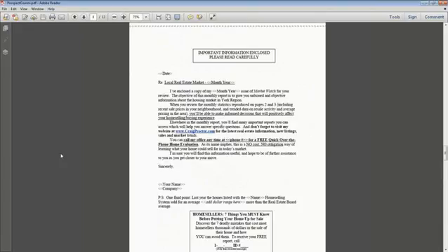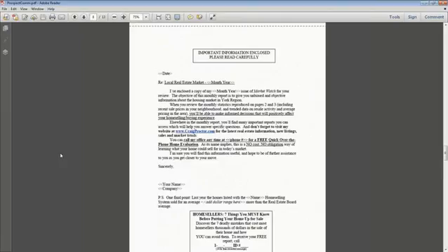Now, if you go down to page 8 of 13, page 8 and page 9 are cover letters for your newsletter. Same deal here. You're not going to just send out the generic newsletter. The cover letter that goes with your newsletter is going to brand you.